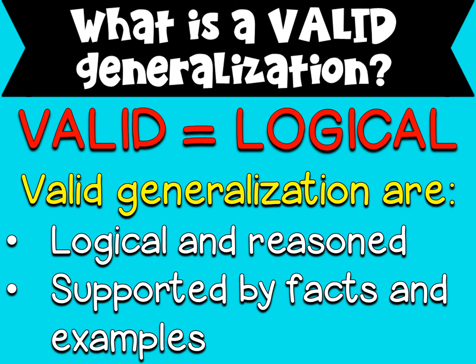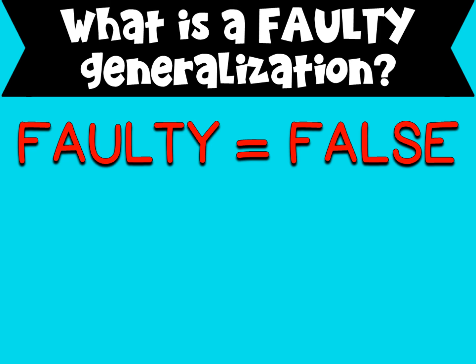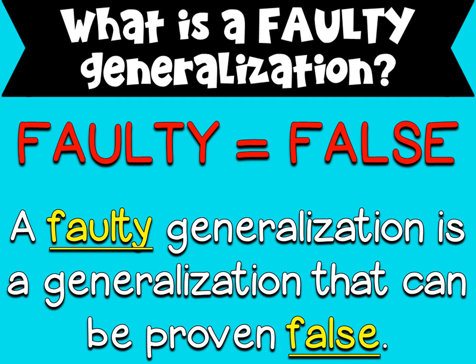Valid generalizations are, one, logical and reasoned, two, supported by facts and examples. Faulty equals false. A faulty generalization is a generalization that can be proven false.